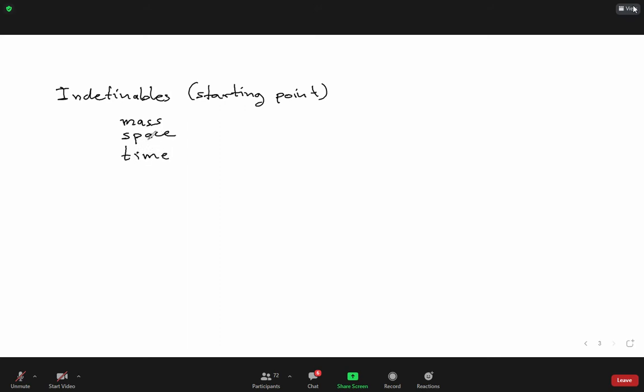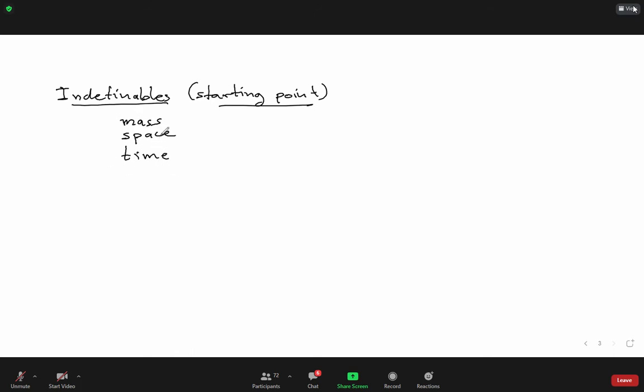And then we started writing down definitions. We started writing things like displacement, velocity, and acceleration, forces, all that fun stuff. But it was all based on these three indefinable primitive quantities. If you prefer, you can call them the primitive quantities, our starting point. Everything we did in semester one was based on all that.